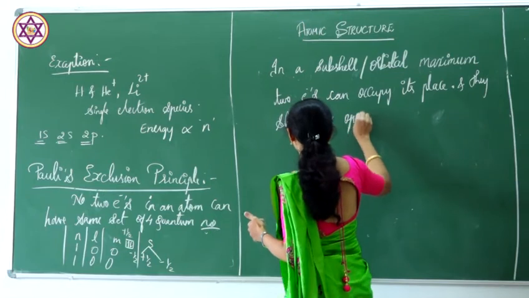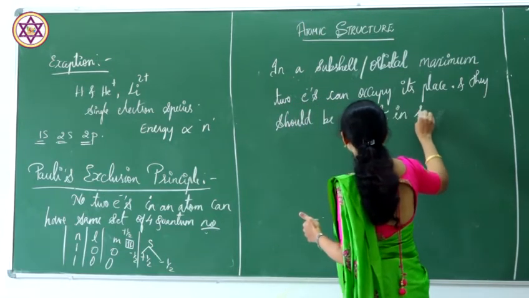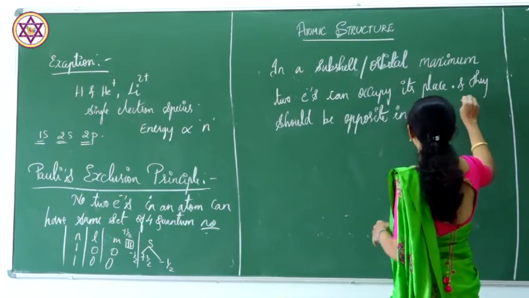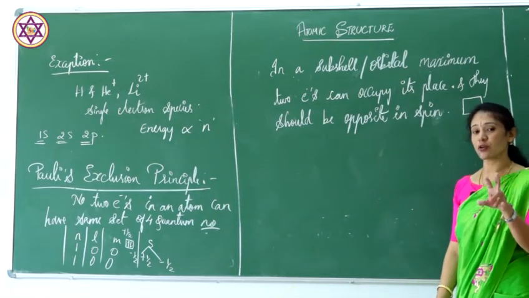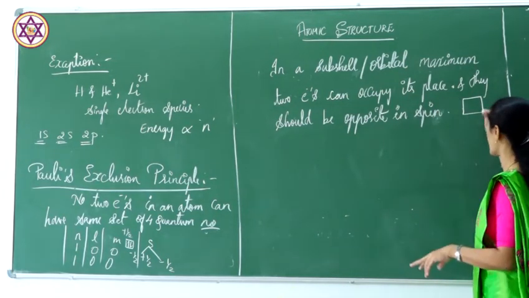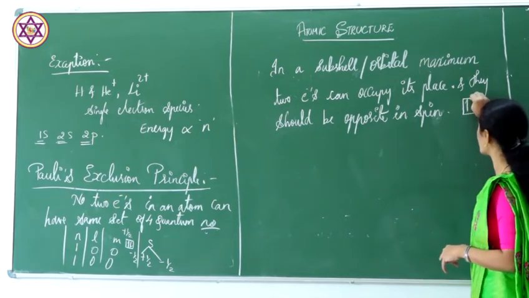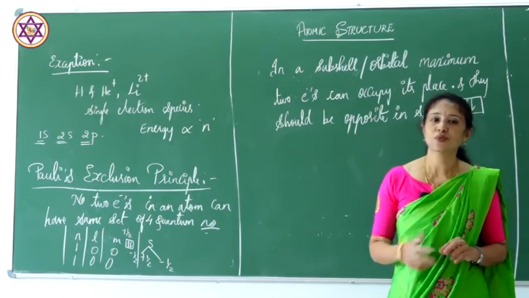This is Pauli's exclusion principle. As I said, in an orbital, how many electrons can it occupy maximum? 2 electrons, and that too opposite, one clockwise and the other anti-clockwise. This is Pauli's exclusion principle.